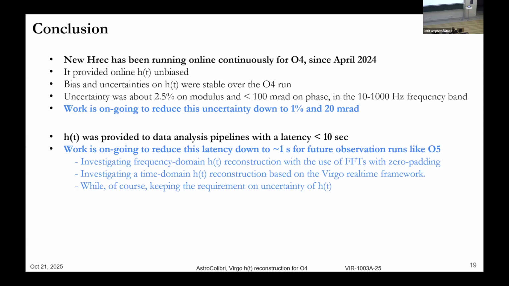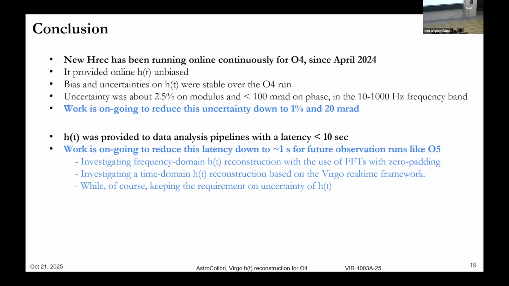As a conclusion, we have a new HREC running online continuously since April of last year. It provides unbiased H of t, with a very small and very stable residual bias. And we have uncertainties with those values in the frequency band 10 to 1000 Hz, and work is ongoing to reduce this uncertainty.